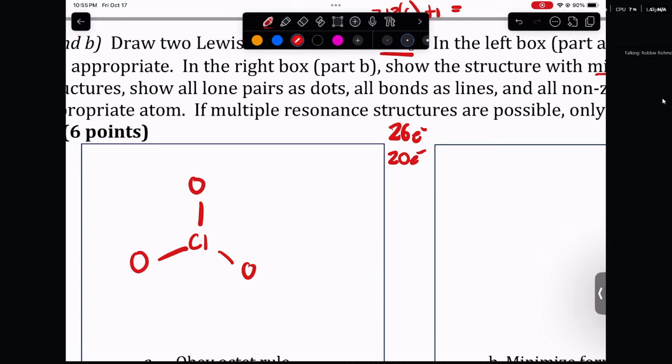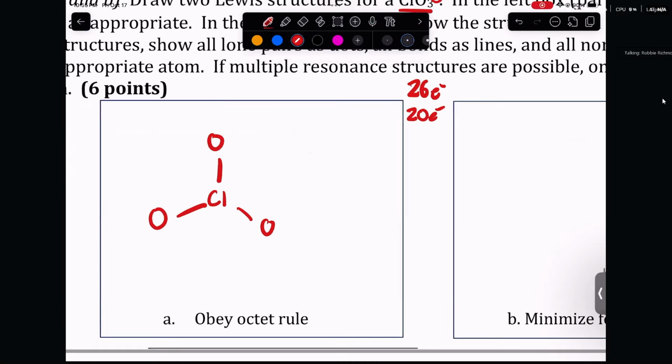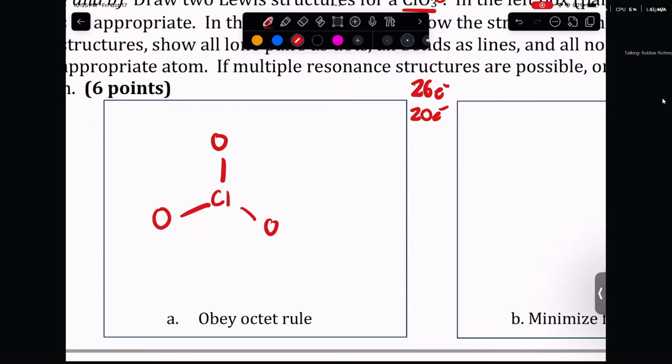Alrighty, my Apple Pencil is not wanting to work right now. Bear with me. But overall, your structure, there we go. And it doesn't matter the orientation of these lone pairs, just as long as they're fulfilling the octet rule.